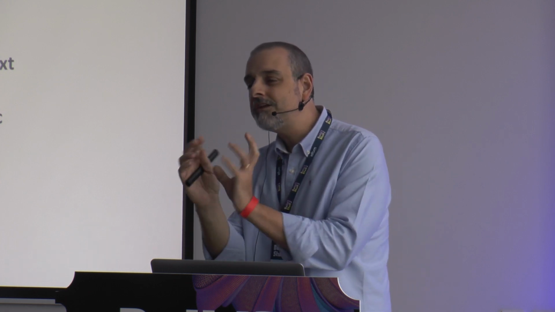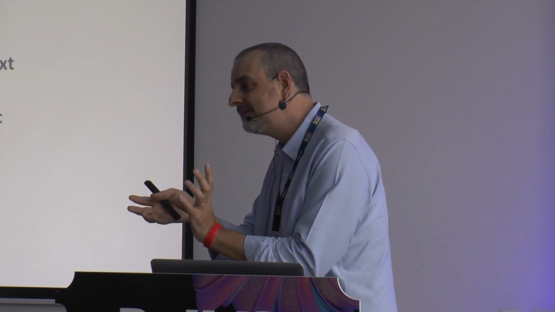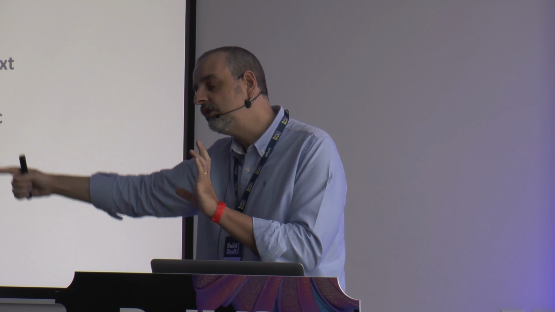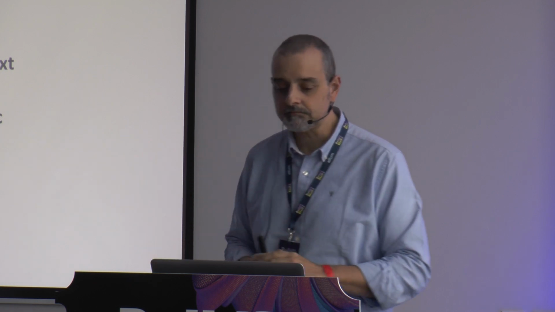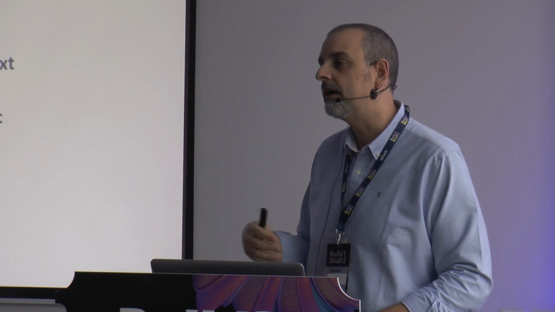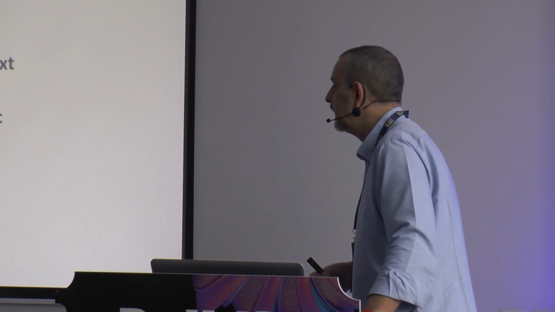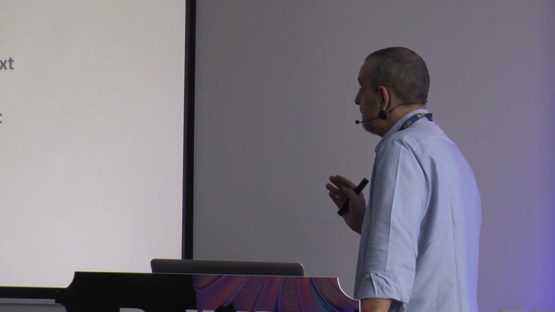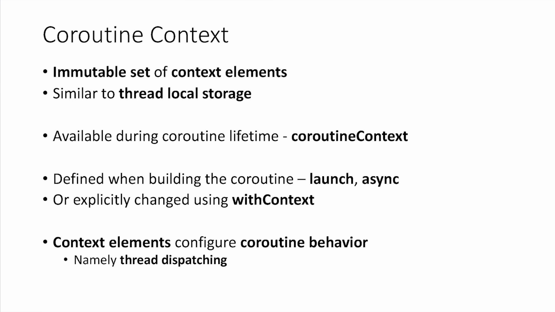That is all the information that I might need during the execution of the coroutine. For instance, to store the current transaction. It is available during the entire coroutine lifetime via the coroutine context. I can call coroutine context wherever I want, and I will access the coroutine context. It is immutable, so it's not exactly the same as thread local storage.